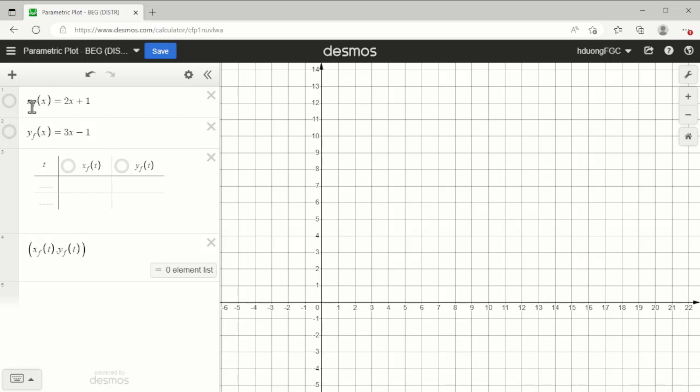So x sub f is the function's name, and then y sub f is another function name. This is sort of like x of t and y of t, and this is 2x plus 1, which on the board earlier was 2t plus 1. And then here it's 3x minus 1. It's just the way we have to operate on the machine, but it really was 3t minus 1.